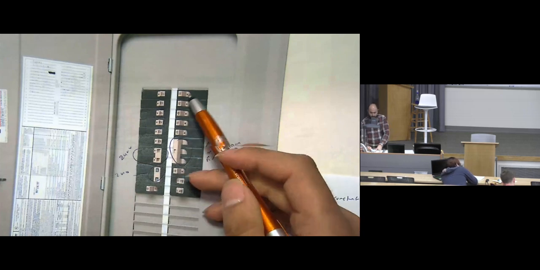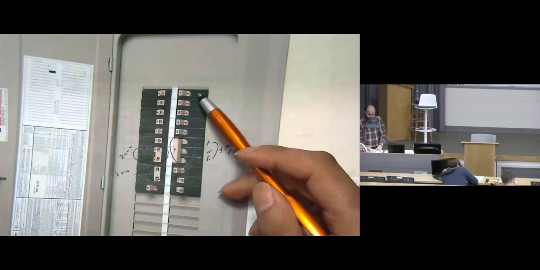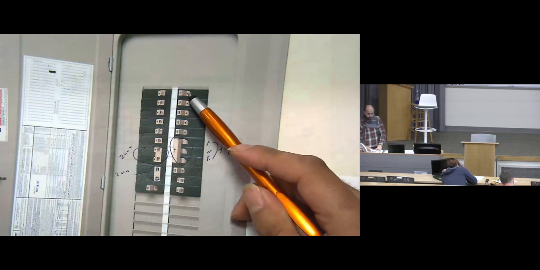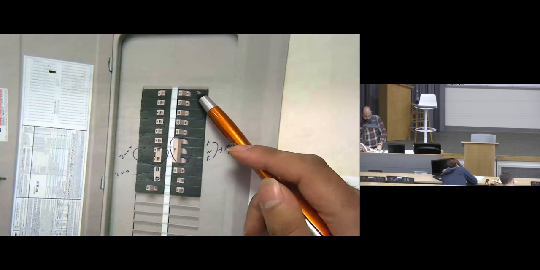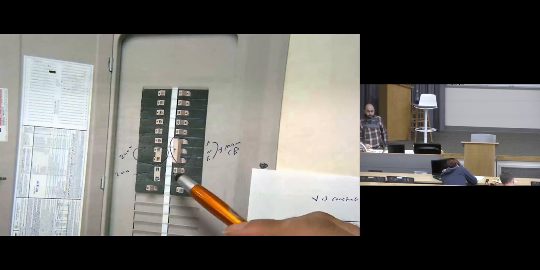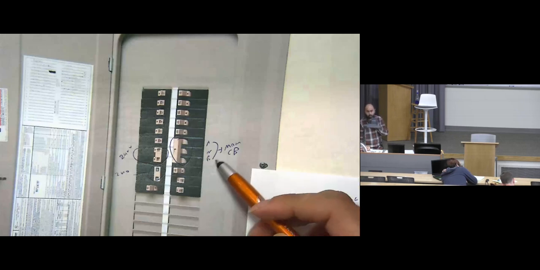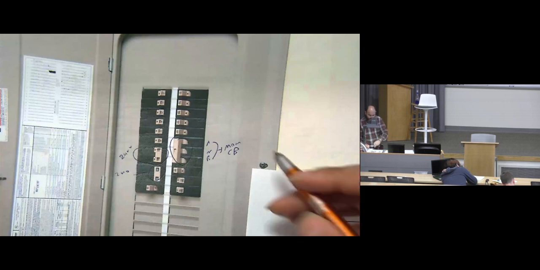We call it protection coordination: if high current flows for 3 milliseconds, this circuit breaker should trip. If this one failed to trip, and the high current continues for another 3 milliseconds, then the main circuit breaker should trip. So it's just a backup.